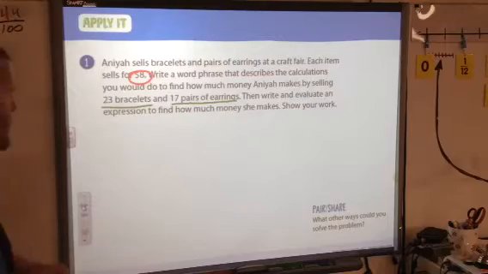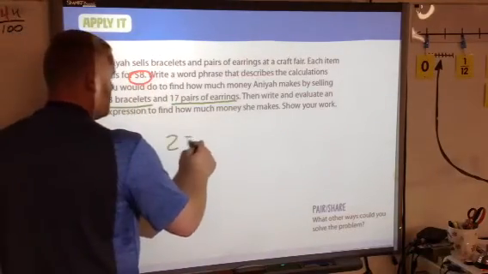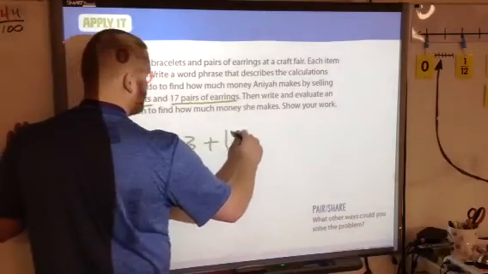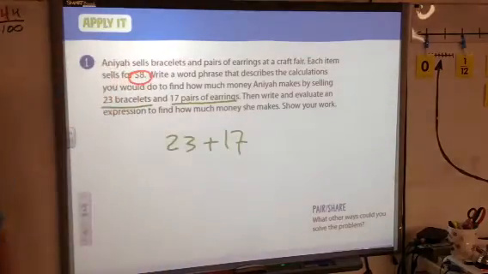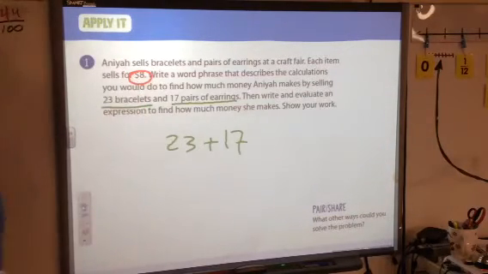So we know that we have to add first. We're adding 23 bracelets and 17 earrings to figure out the total number of items she sold, and then we can multiply that by 8 because each item is sold at $8 per item.